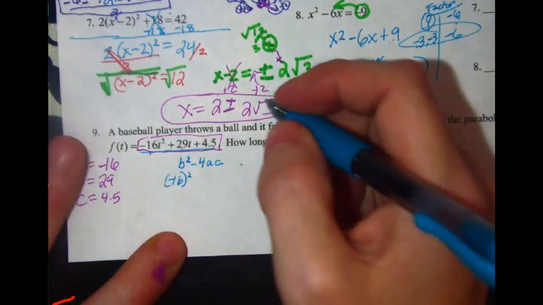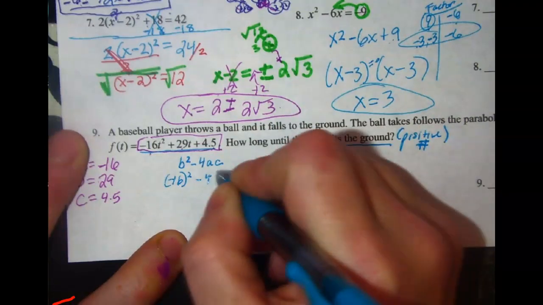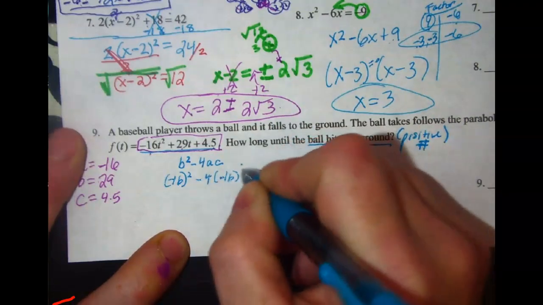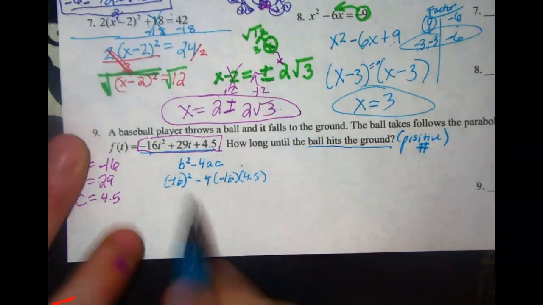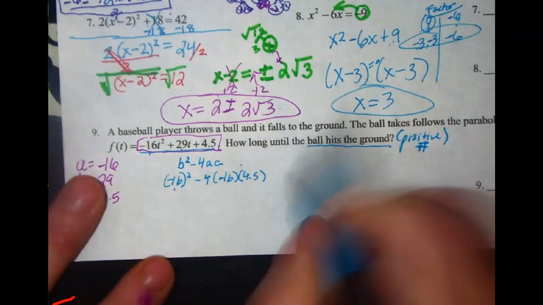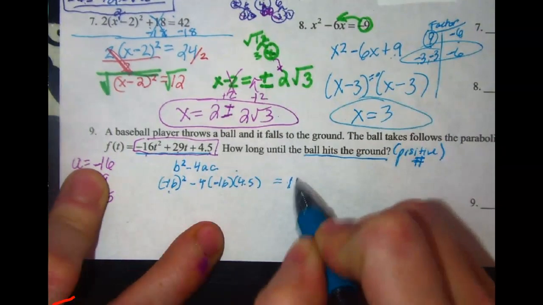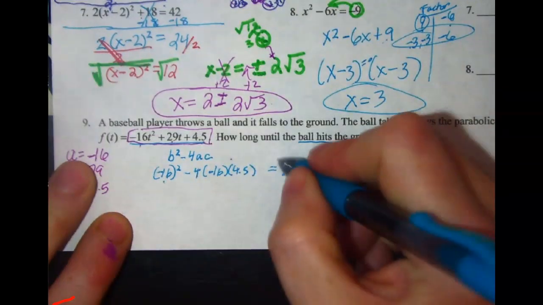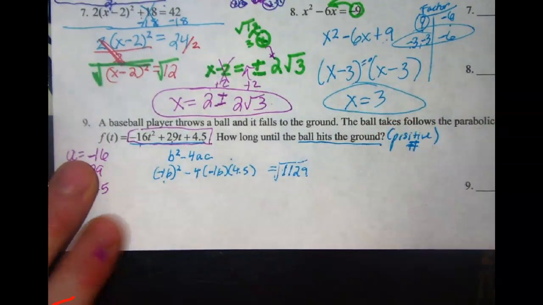And then I get minus 4 times -16 times 4.5. So if you enter that in your calculator the correct way, with the parentheses and everything, you will get 1,129. That's your discriminant.